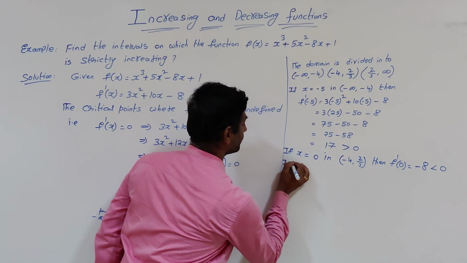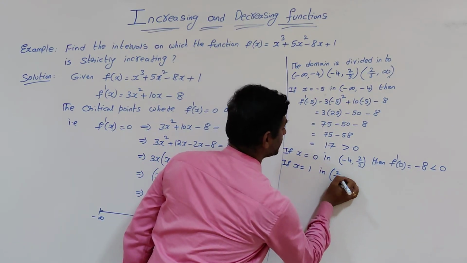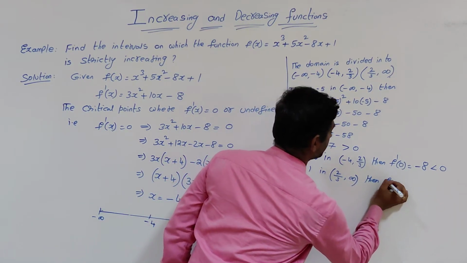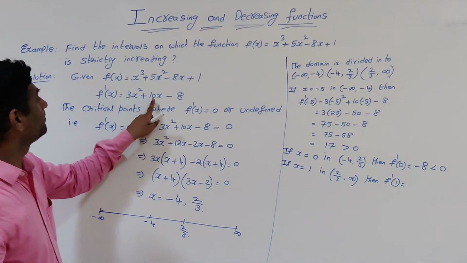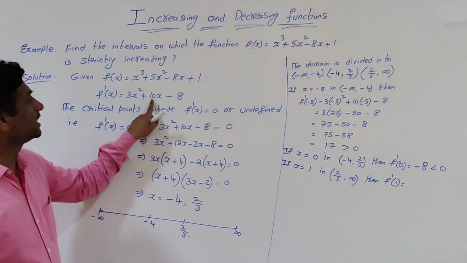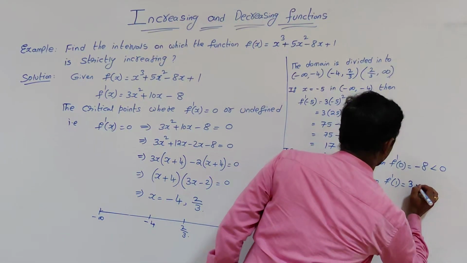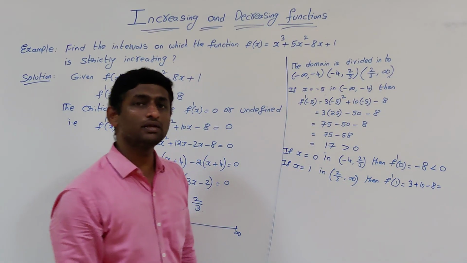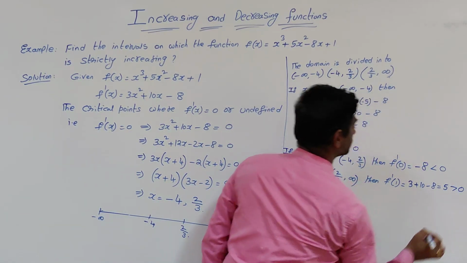Next, if x is equal to 1 in 2 by 3 comma infinity, then f dash of 1 is 3 into 1 square plus 10 into 1 minus 8, 3 plus 10 minus 8, which is 13 minus 8, 5, greater than 0.